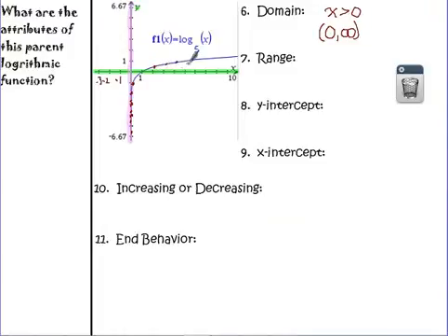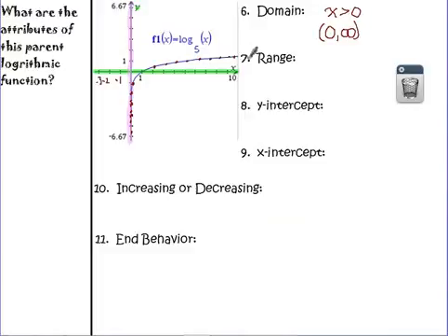As it continues on, it does go above the x-axis, so all these y coordinates are going to be positive. I can see that it's growing slowly, but these y values are still going to be positive, and they keep getting larger and larger.